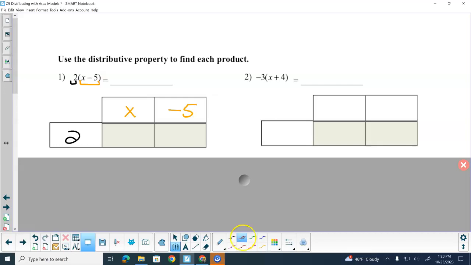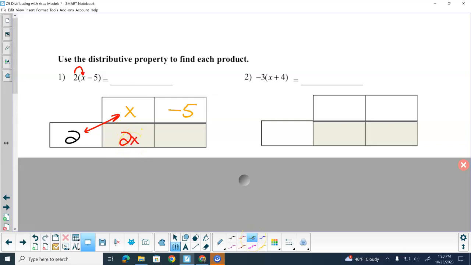Then, multiply here is this first hump that I would draw. 2 times x is 2x.